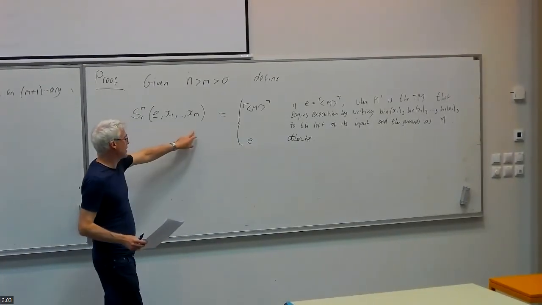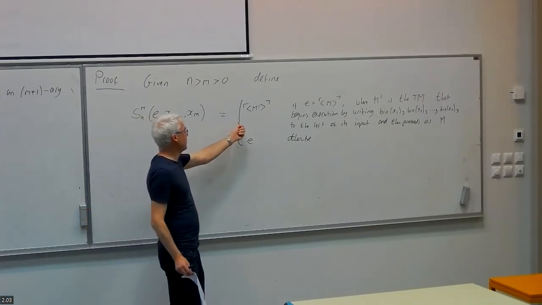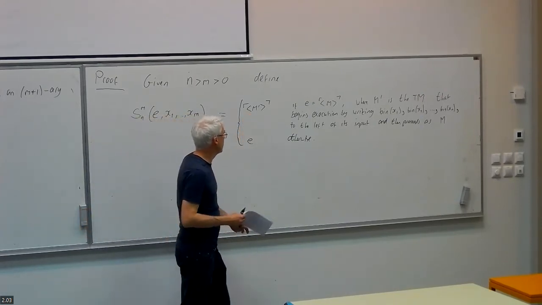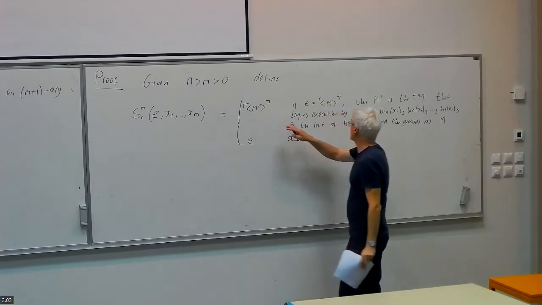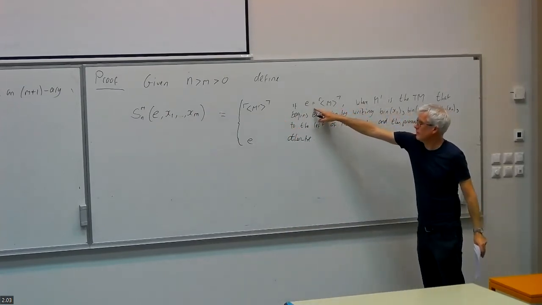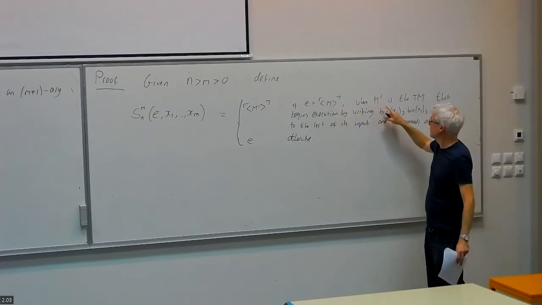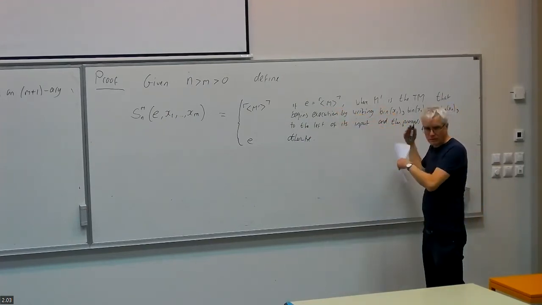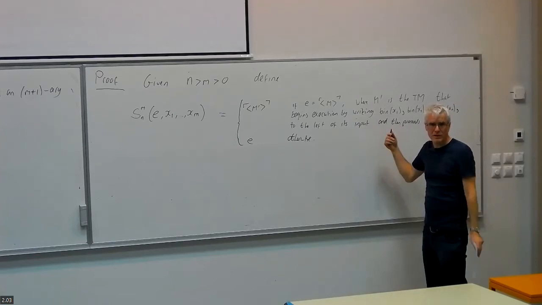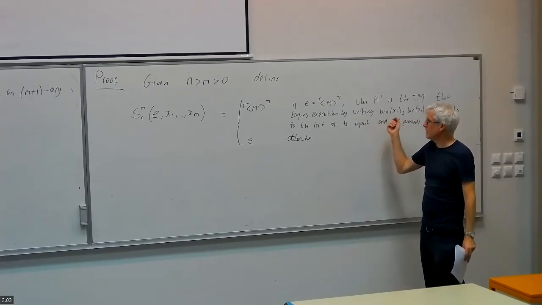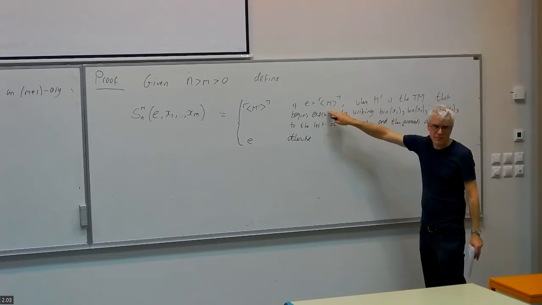So this function is clearly computable because we take a number, and we look to see if the number e is the encoding of a Turing machine. If it is, we then make a new modified Turing machine that just writes something to the left of the input and proceeds as that Turing machine.